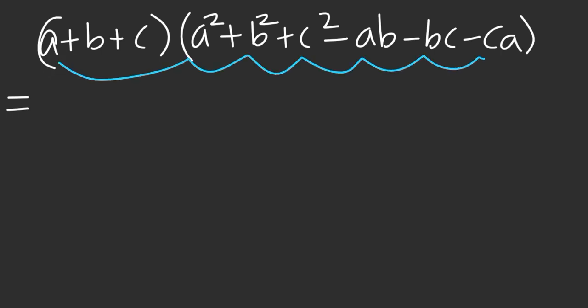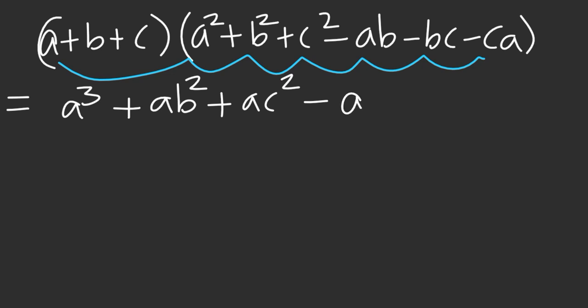So in the first line I am going to write a into a², a³, a into b², ab², a into c², ac², a into minus ab, that is minus a²b, then minus abc, and then a into minus ca is equal to minus ca².